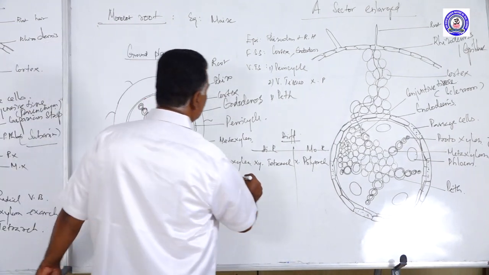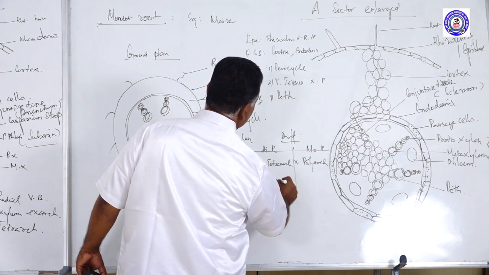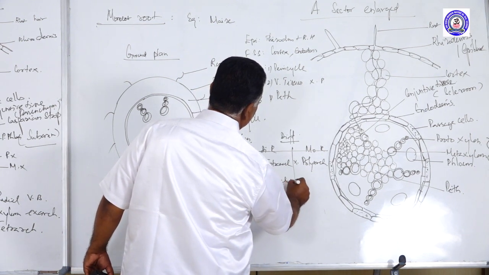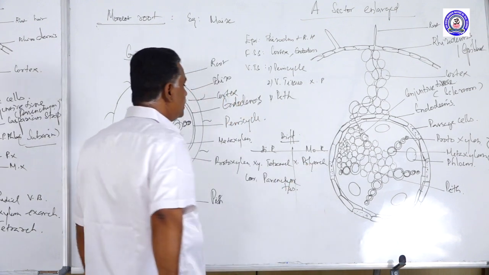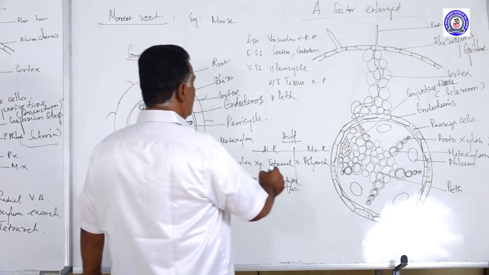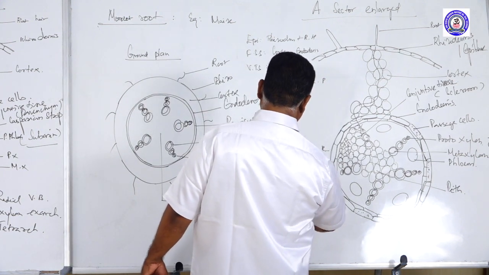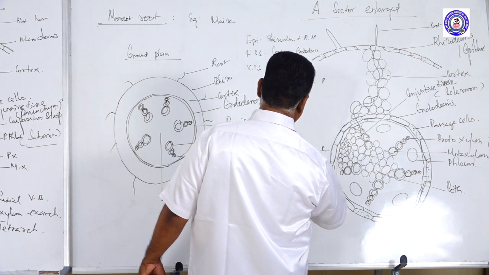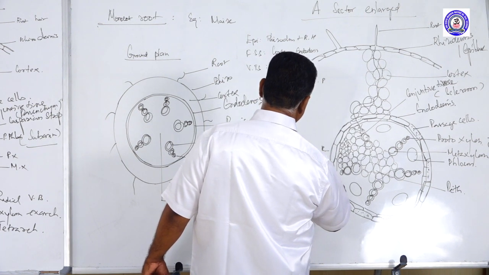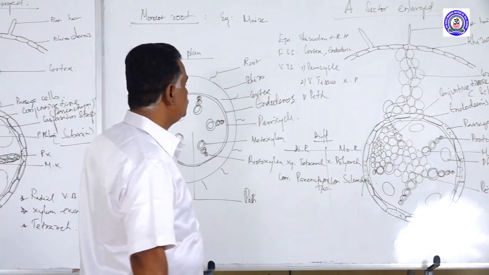Then the conjunctive tissue in dicot is parenchymatous, made up of parenchymatous tissues, and the conjunctive tissue in monocot is made up of sclerenchyma tissues.